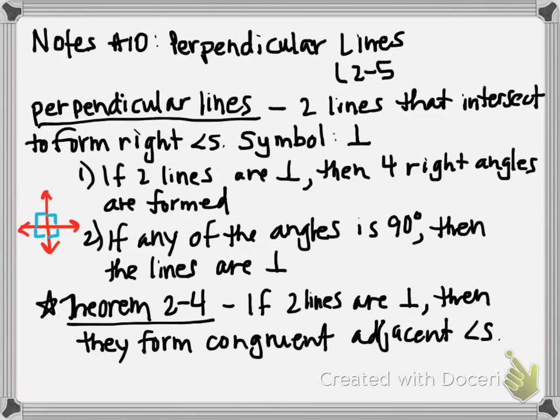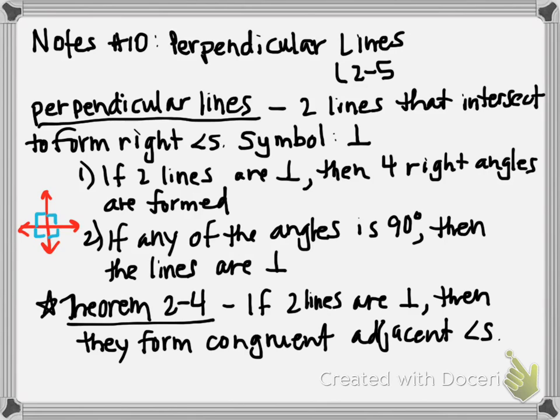If I have two angles that measure 90 degrees, they're equal to each other, which then, through substitution, I'm allowed to take through the definition of congruence to say that they're congruent. This theorem allows me to go from two lines that are perpendicular to two adjacent angles that are congruent. So that's pretty fast. Four steps down to two steps, basically.